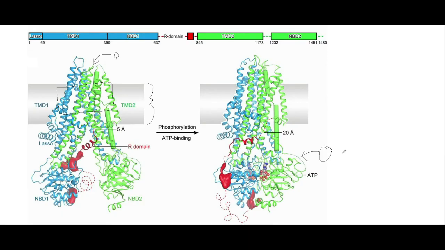So, for instance, some protein might associate with this, which then causes a conformational change in this protein, which then maybe will allow it to do a phosphorylation of some other protein. So we have our kinase, and that will activate this protein, which can then go on and do other things.